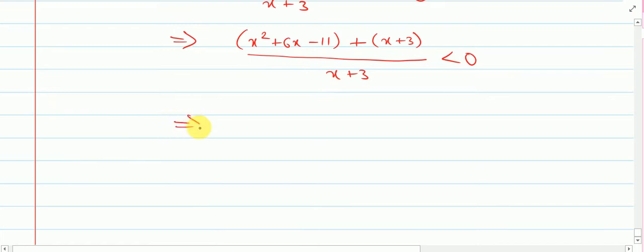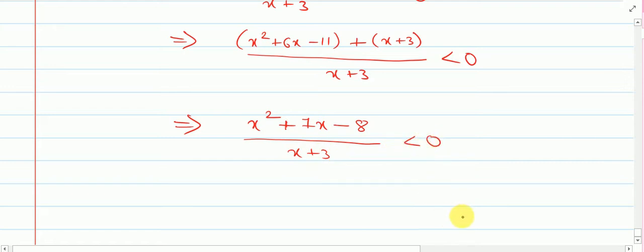So you get x square, plus 6x and plus x, you get plus 7x, minus 11 and plus 3, you get minus 8, upon x plus 3 less than 0.